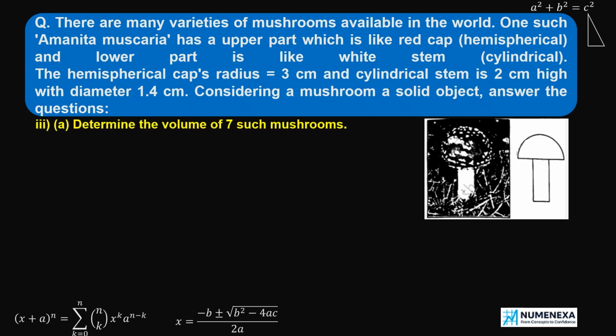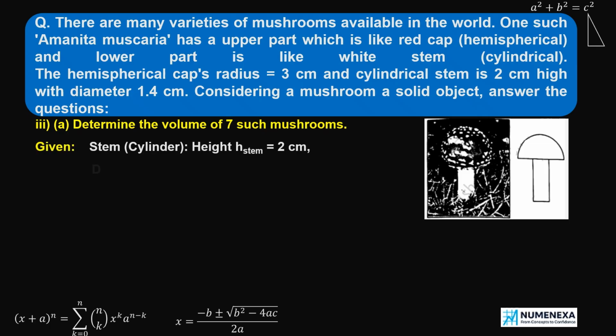The next question, third A: determine the volume of 7 such mushrooms. Naturally, to solve this question, first of all, we must find the volume of one mushroom. And as we have observed and learned so far, this mushroom is a solid, a combination of a hemisphere and a cylinder.